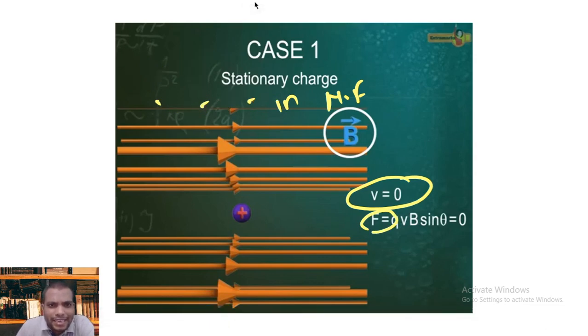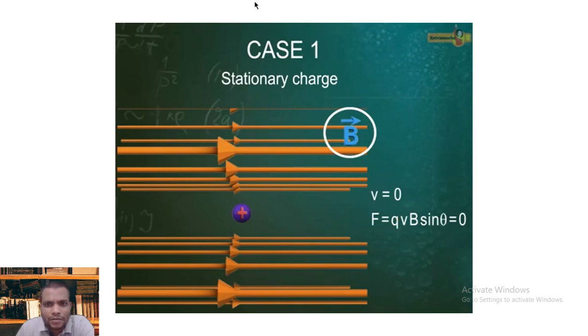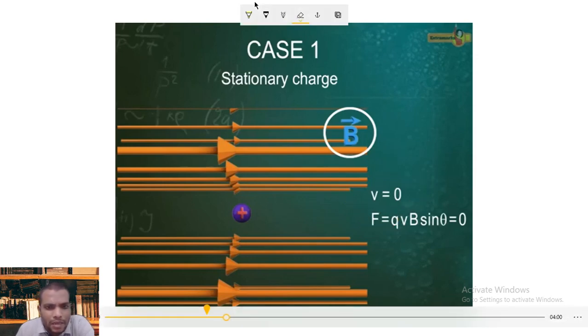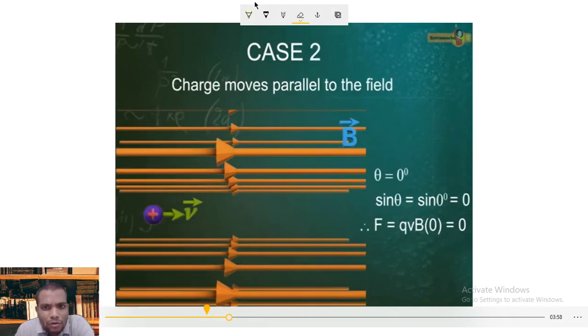Now let me take the second case. Even though the charge is moving, it is moving parallel to the magnetic field, either in the same direction or in the opposite direction to the magnetic field.